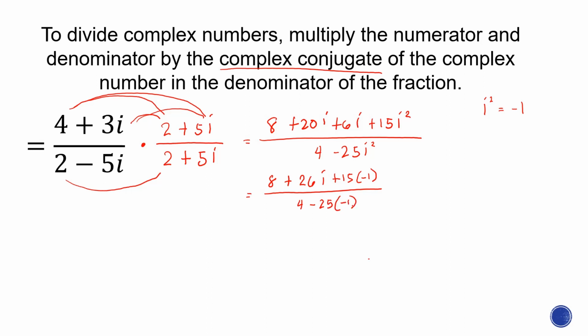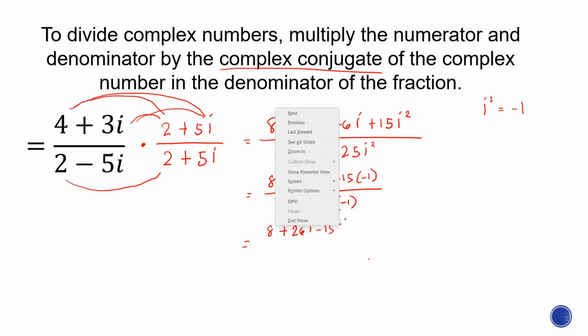So what we did here is we combined 20i and 6i, and that becomes 26i, and we substituted negative 1 for i squared because i squared is equal to negative 1. That's what we did here. And of course, that 15i squared becomes negative 15.